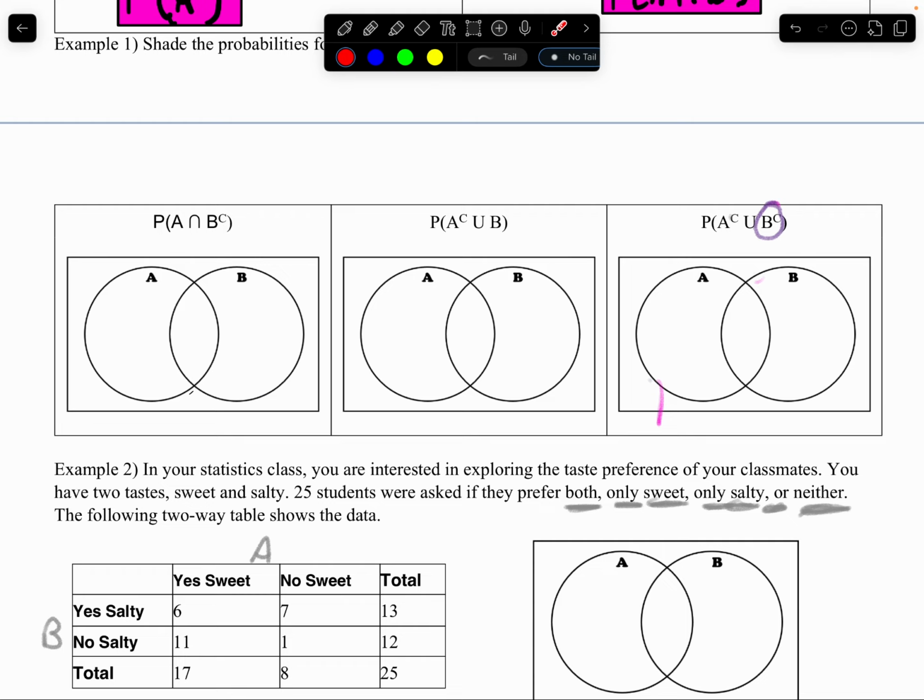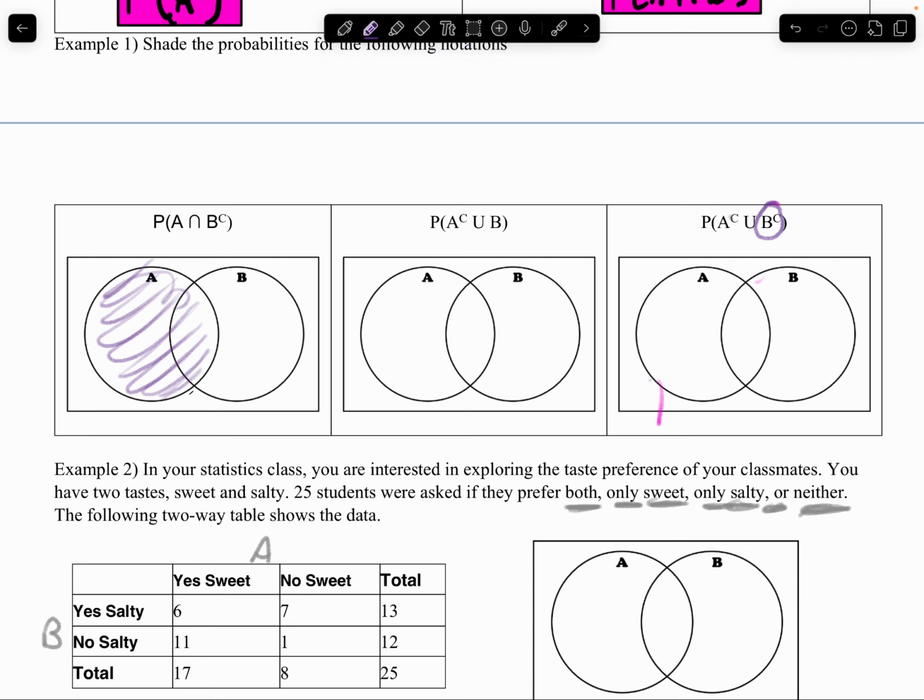So one thing we can do, if we get confused, is we can do the first one first, the A, change colors, and say we want where we have not B, everywhere where there's not B. Everywhere where there's not B would be everywhere except for the B circle. Now you don't have to do this. This can get a little messy.